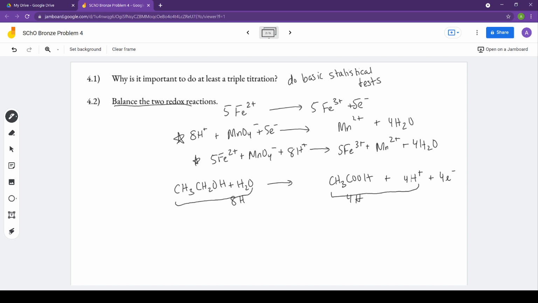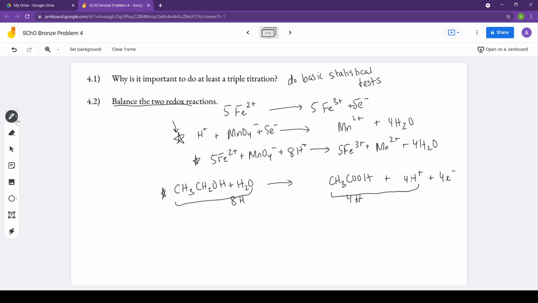So now what do we have to do? We have to add the ethanol oxidation and the permanganate reduction together, and we need to cancel the electrons. So how can we do that? We need to multiply the permanganate reduction by 4 and the ethanol oxidation by 5, so we can get the same 20 electrons in both expressions. So let me just do that really quick. Here I'm going to multiply this expression by 4.